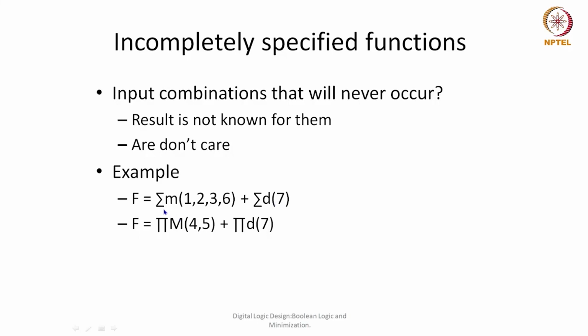The same expression as a product of sums would be product of max terms 4 and 5 plus don't care 7. This way, these don't cares or incompletely specified functions can help us optimize further. We can use these don't care terms to further simplify our expressions, and we'll see how this can be done.